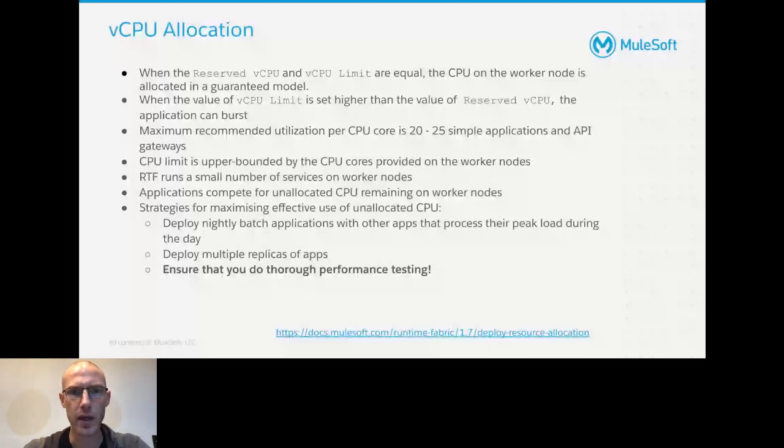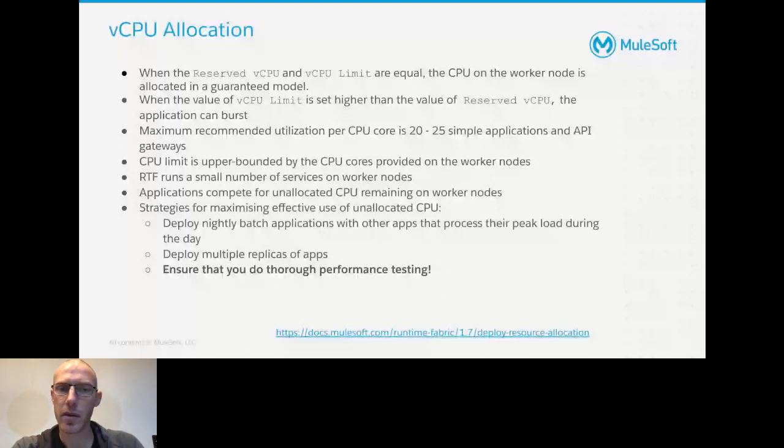When using CPU bursting, you must consider that the minimum reserved vCPU is 0.02 and the minimum vCPU limit is 0.07. And of course, the CPU limit is upper bounded by the CPU cores provided on the worker nodes.